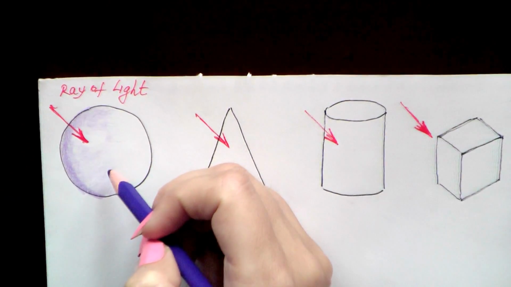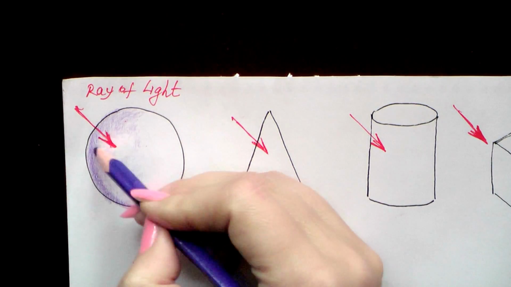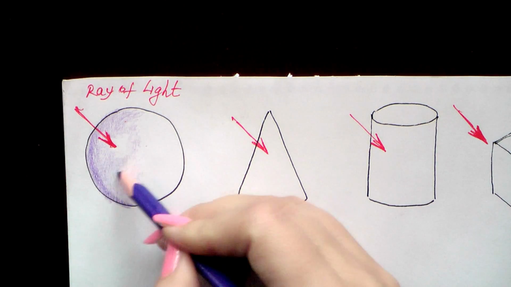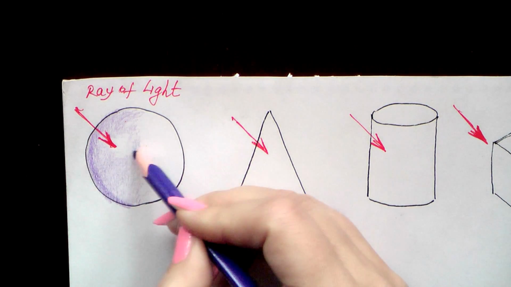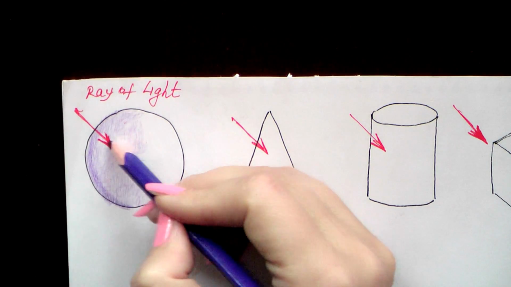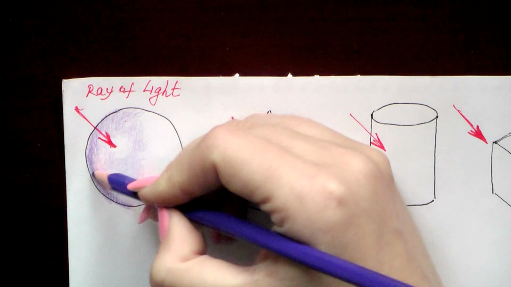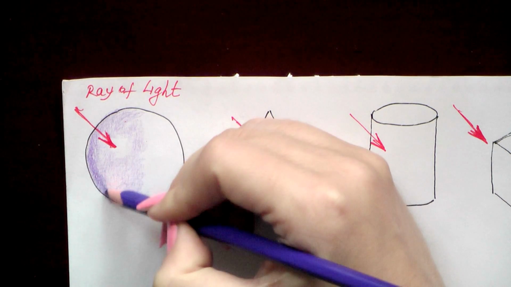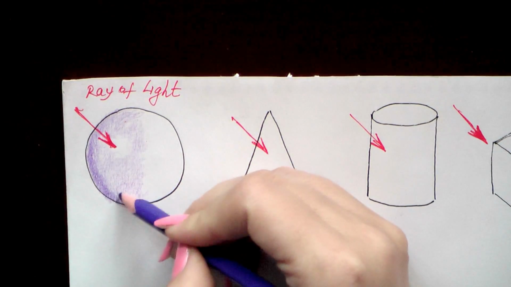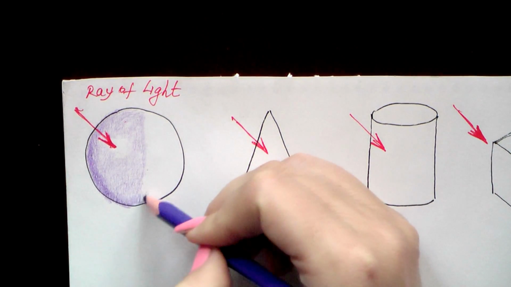Maybe I'll do it a little bit closer. This is the highlight area. This is the light area. And here we will have a mid-tone. Just a little bit of shading. Here's another area of the mid-tone.